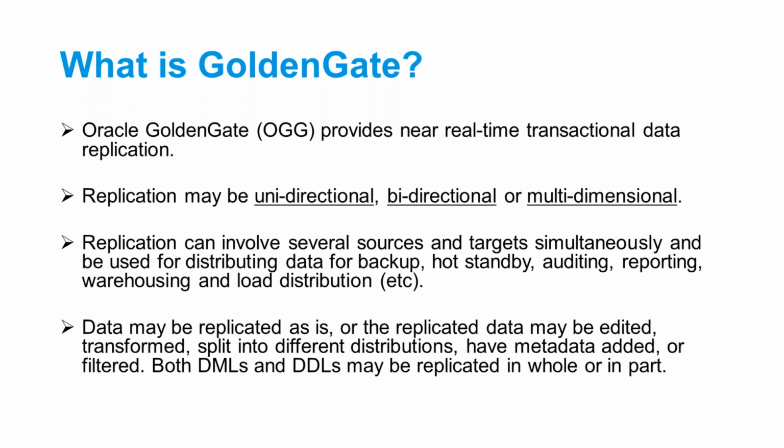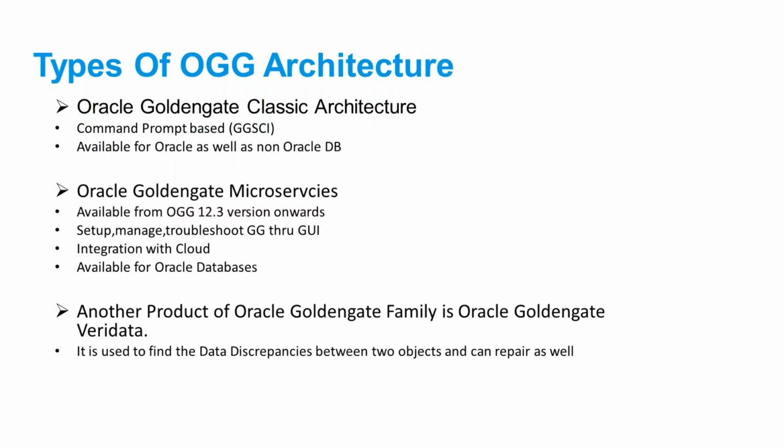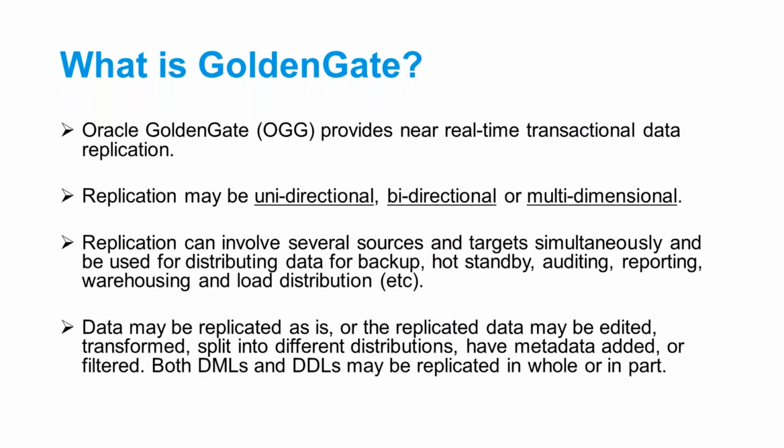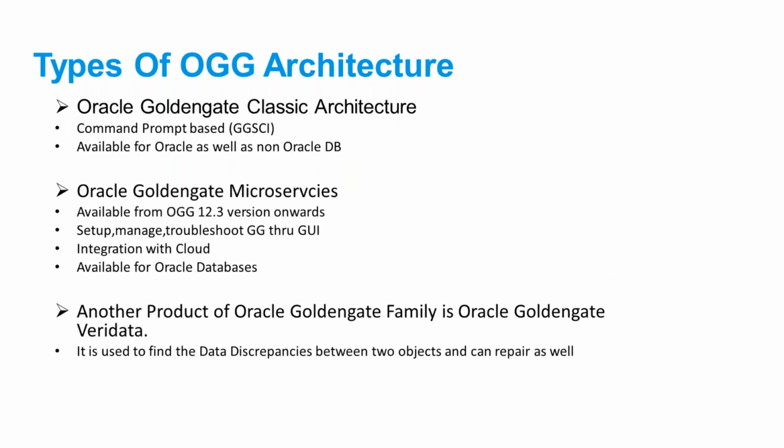By that we mean that Golden Gate not only supports Oracle to Oracle, it also supports non-Oracle databases. Similarly, it also supports multiple platforms. Your source database can be on a different platform, the target can be on a different platform, and Golden Gate can replicate the data. We'll be discussing that more later on when we compare Golden Gate with DataGuard.